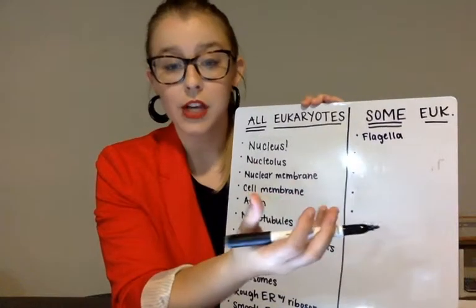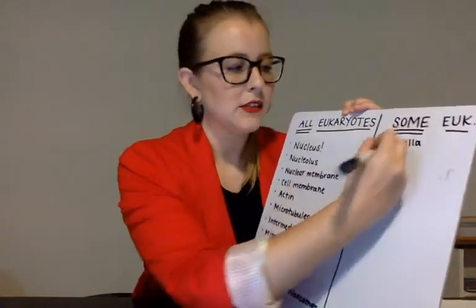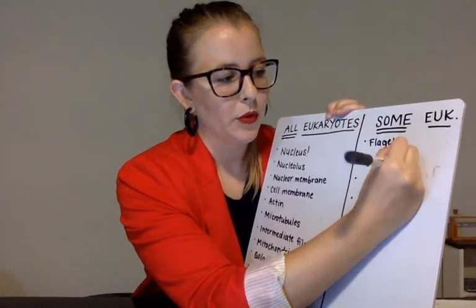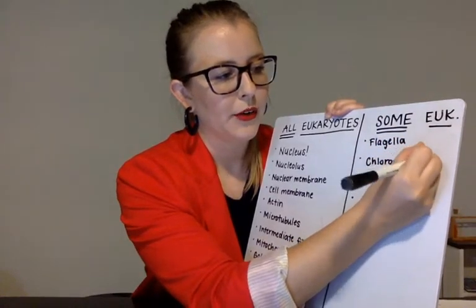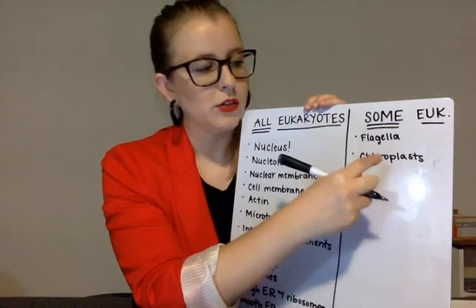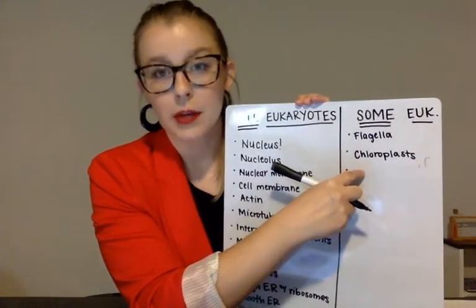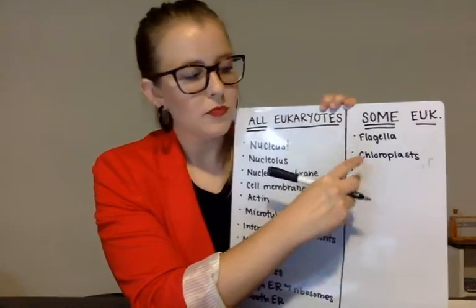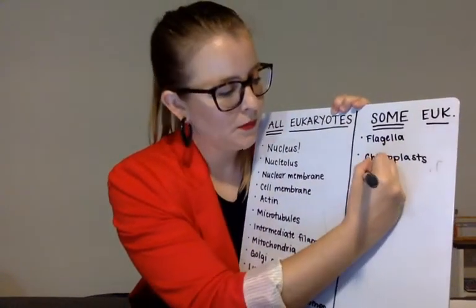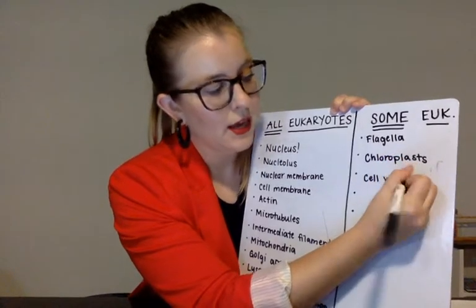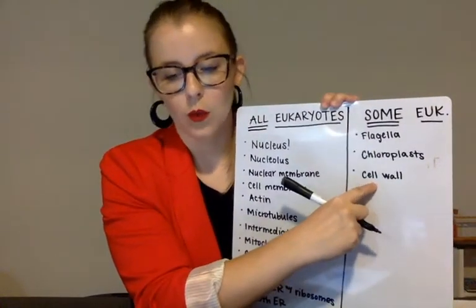So we could have flagella, we could also have chloroplasts. So you'll probably remember chloroplasts again from previous bio classes. So chloroplasts are going to be instrumental in photosynthesis. So those are going to be in our plant type cells. Cell walls, which will also be in our plant type cells, or fungi and algae will also have a cell wall.